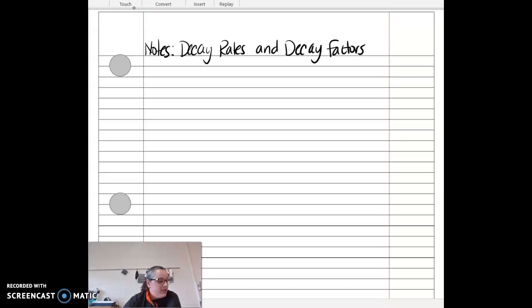All right, so first thing, what we want to do is define what exponential functions are. Maybe we highlight this. Exponential functions, we know the graph is curved.